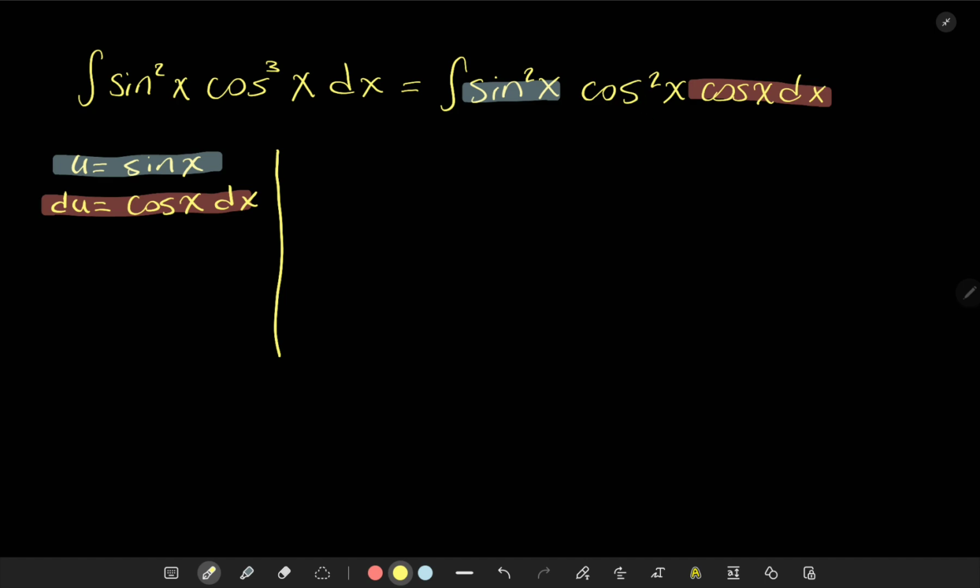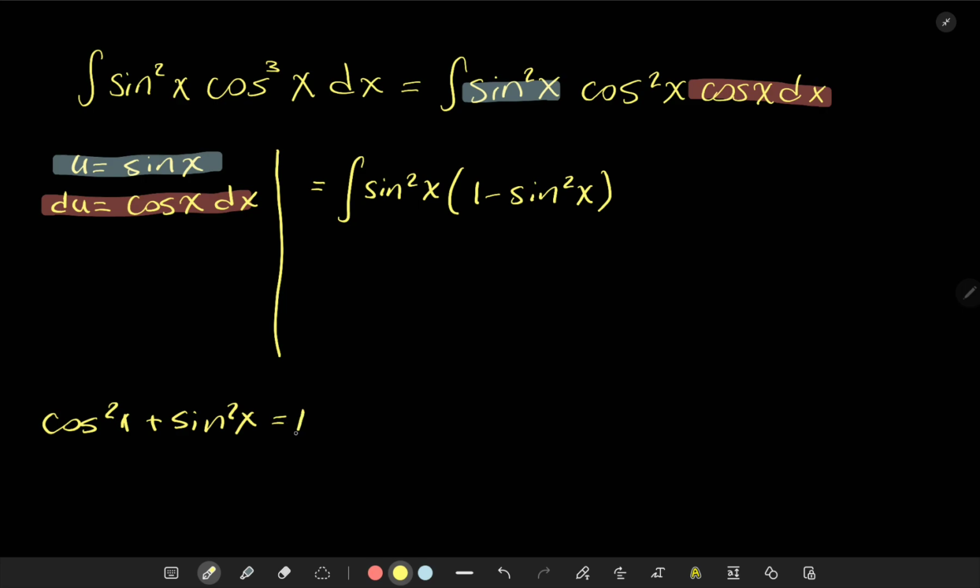That cosine squared is causing a little bit of trouble, but I can always rewrite it as 1 minus sine squared of x. I'm just using the fact that cosine squared of x plus sine squared of x is equal to 1. So I subtract the sine squared on both sides, and I get that the cosine squared is going to be 1 minus sine squared.